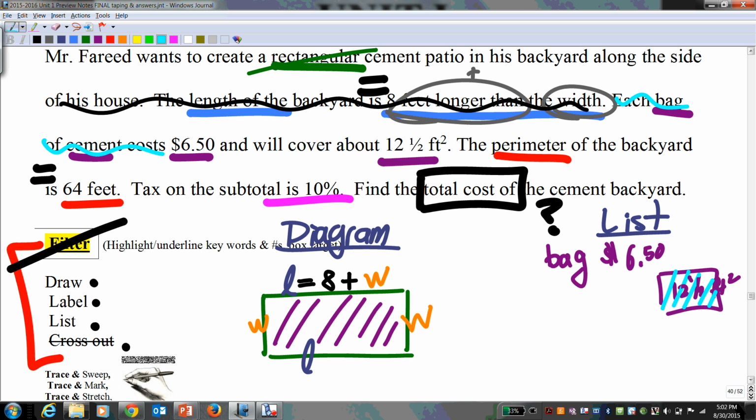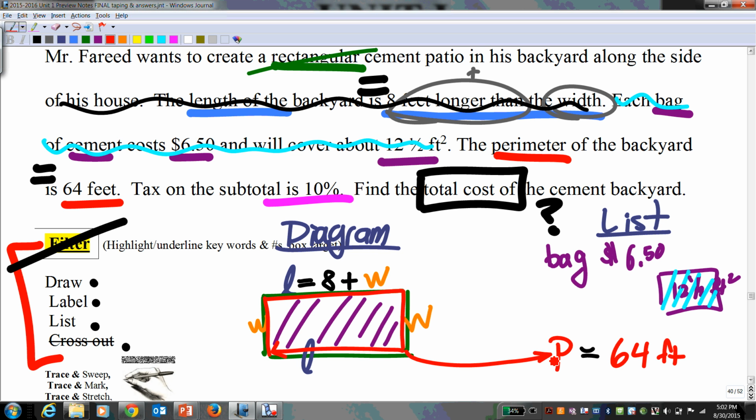I'm done with that. The perimeter of the backyard is 64 feet. So that's going to go in my list. Perimeter equals 64 feet. That means when I walk it around, notice the little arrows, that tells my brain I'm going around. My walk around perimeter is 64 feet. Tax, that's going to go over here.